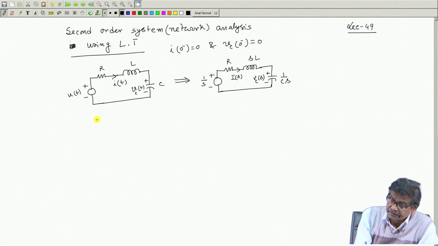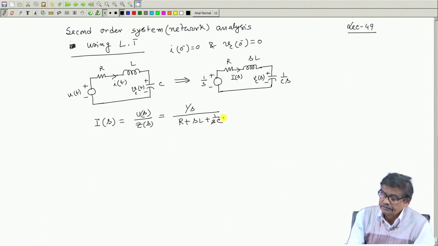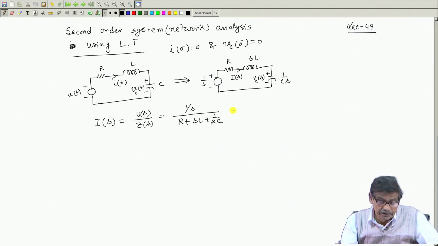So, I will say that I(s) is equal to U(s) by Z(s), and U(s) is 1 over s, and Z(s) is R plus sL plus 1 over sC. This is the impedance, and this can be simplified.